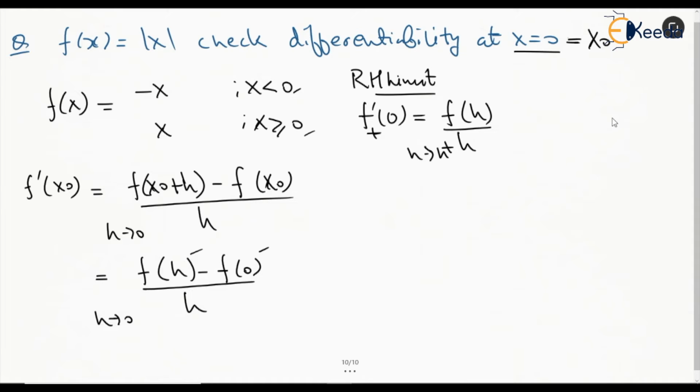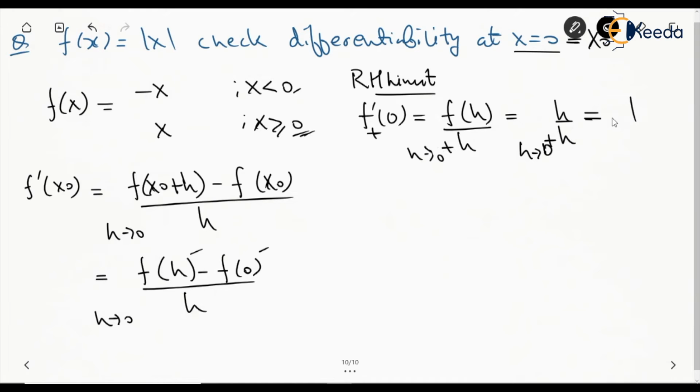So 0 plus means we are on the right hand side or on the greater side of 0. So this will be x. That means this is going to be h by h for h tends to 0 plus, which makes it 1, simply 1. H by h is 1.